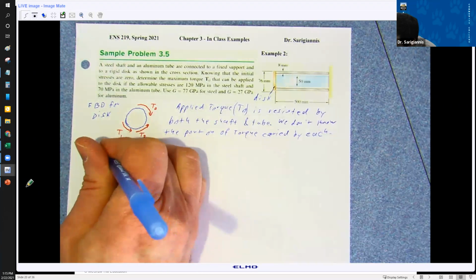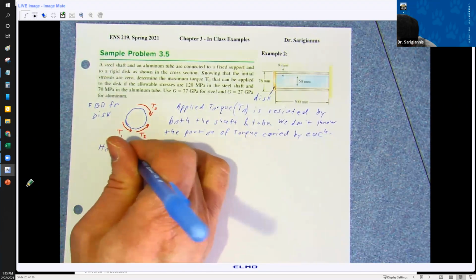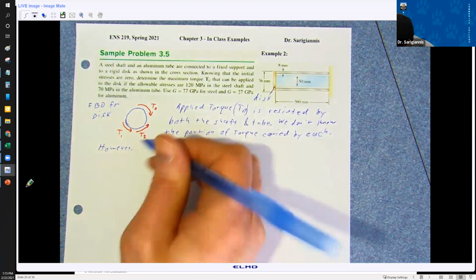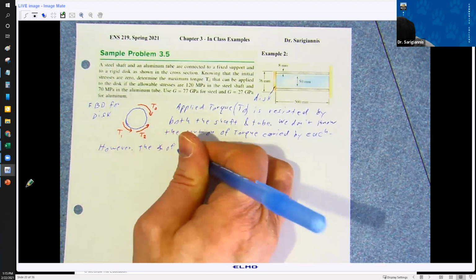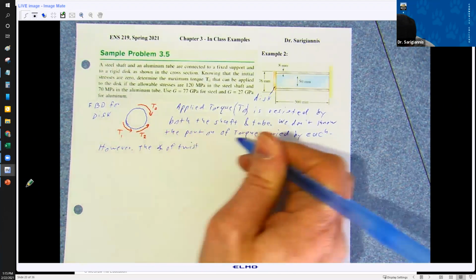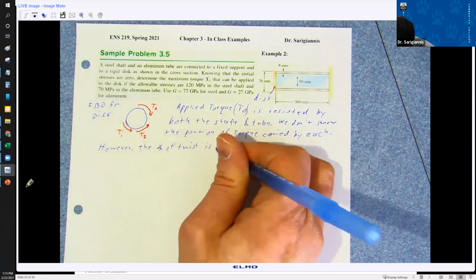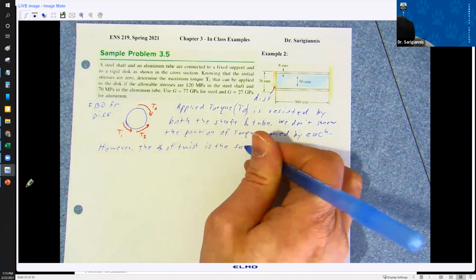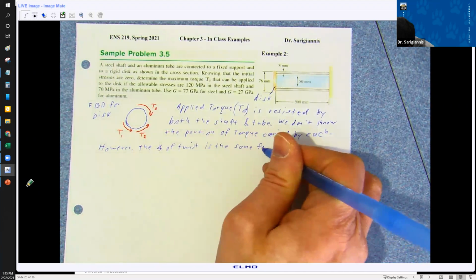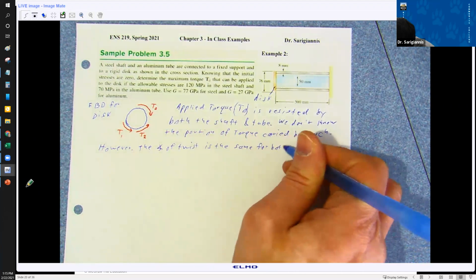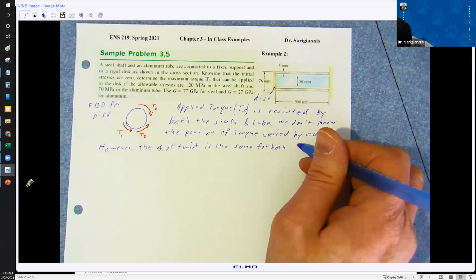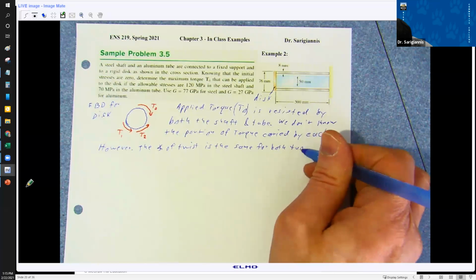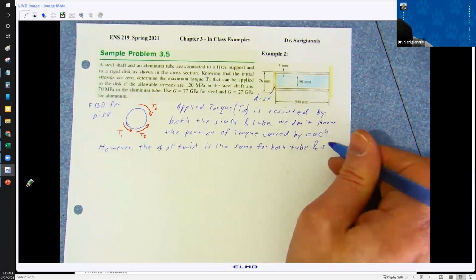However, the angle of twist is the same for both tube and shaft.